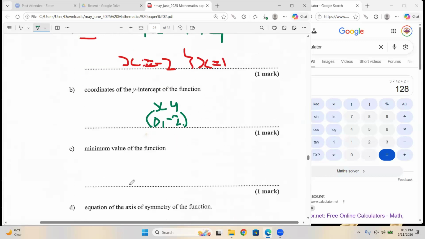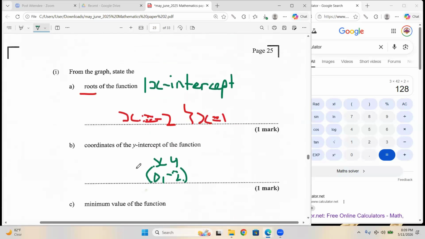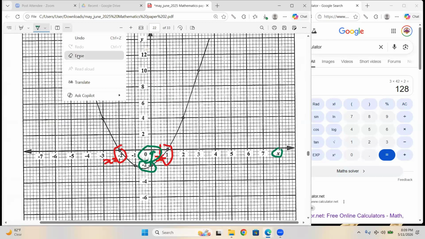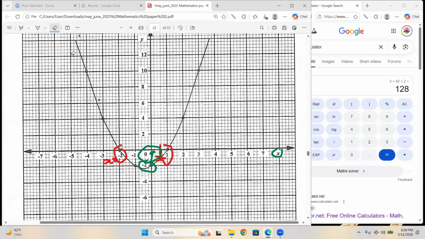All right, they want the minimum value of the function. Because this quadratic is drawn this way, it has a minimum value. But just know, if it's drawn the other way, they would say maximum. The minimum value is the lowest point, which will be somewhere around here. The lowest point on this.